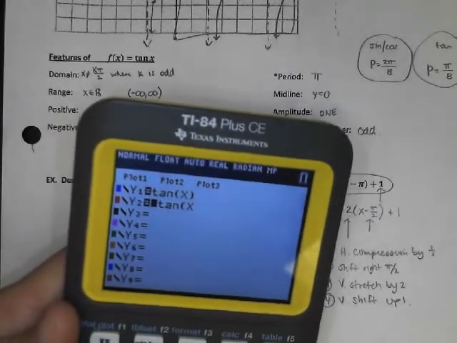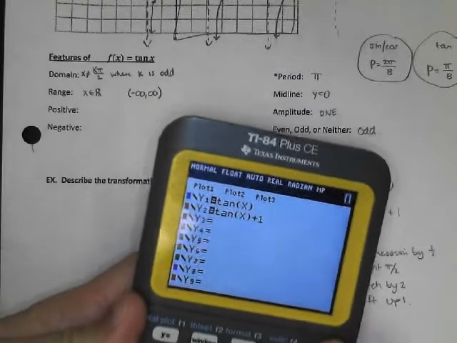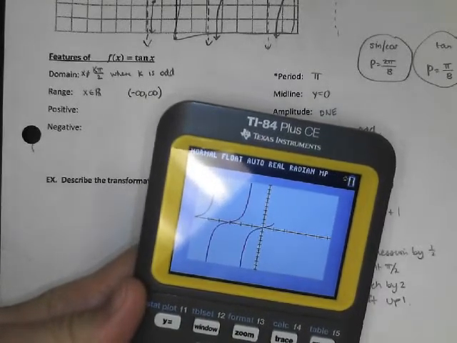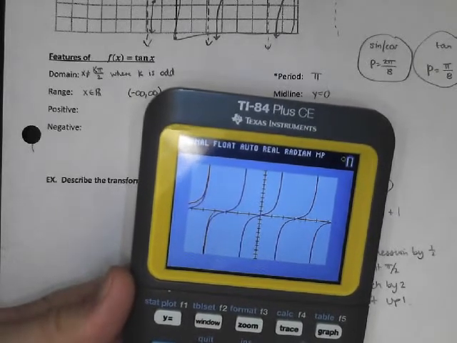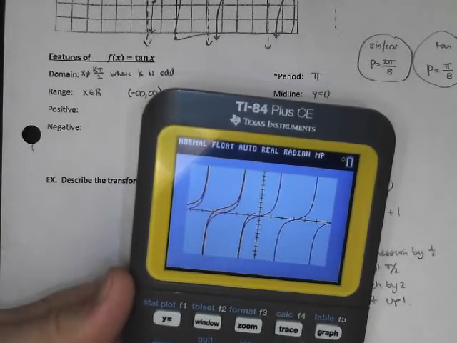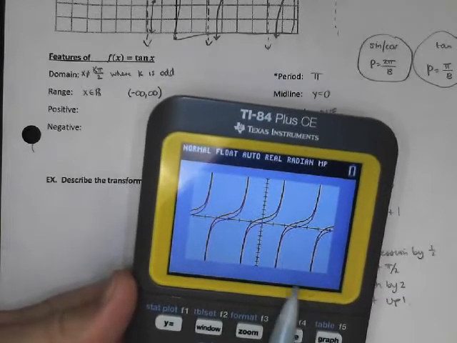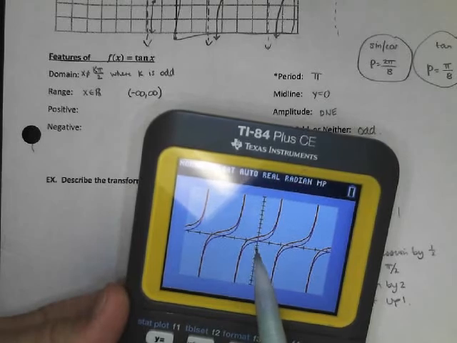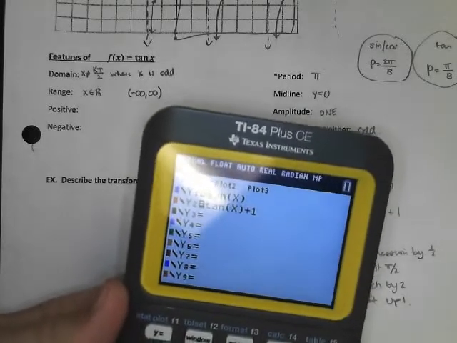If I go back, I'm going to get rid of the vertical stretch, but if I show the shift up 1, you'll see the original, and then you'll see everything shifted up 1. It's harder to see the shift up 1 as the slope gets steeper, but that does shift up 1. Really, this critical point went up 1. This critical point went up 1, and so on.